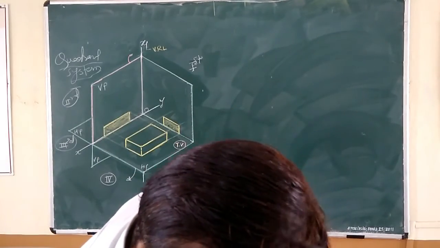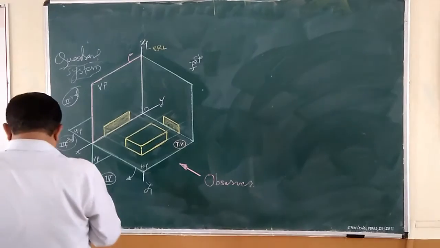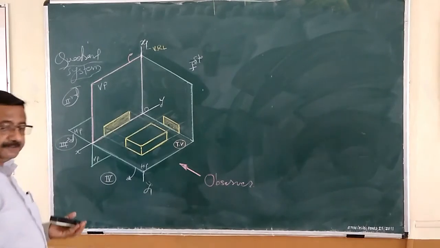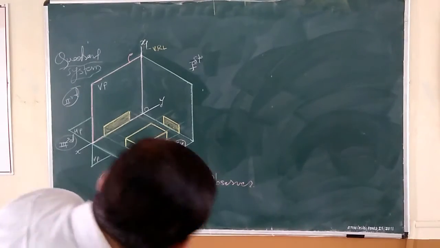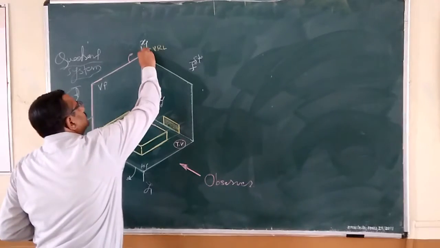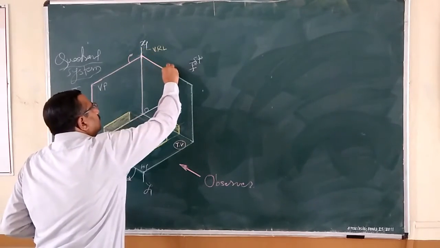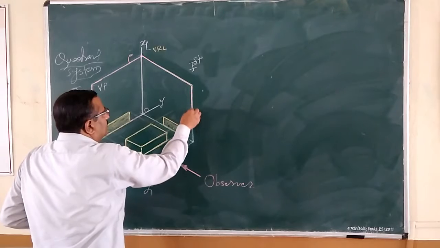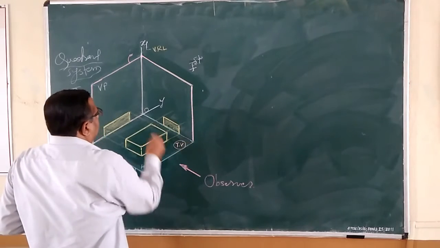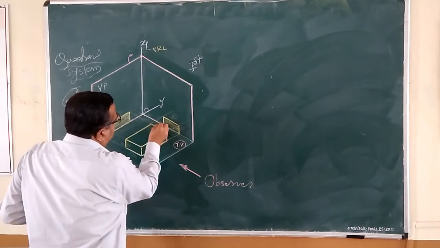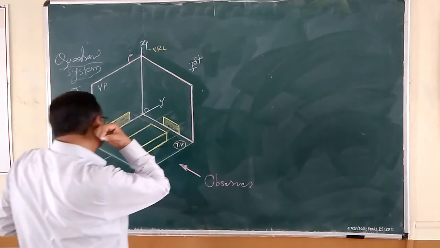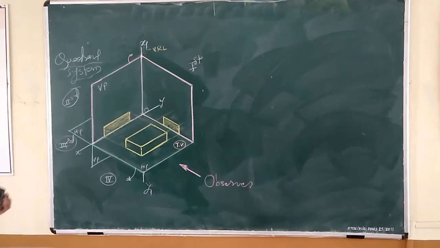this profile plane again we are going to show by the same color, that is the pink one. In this case, as the observer is on your right hand. Earlier the observer was observing the figure from his left hand.